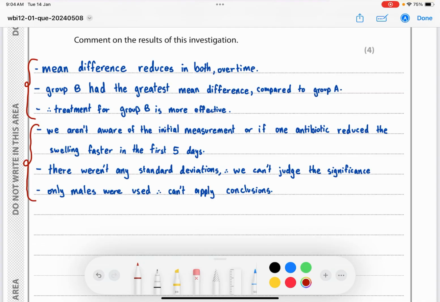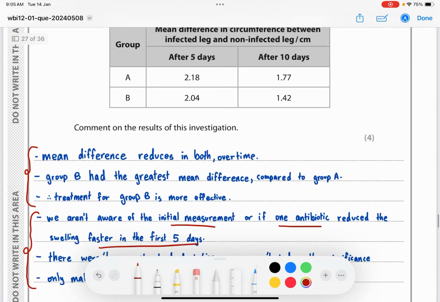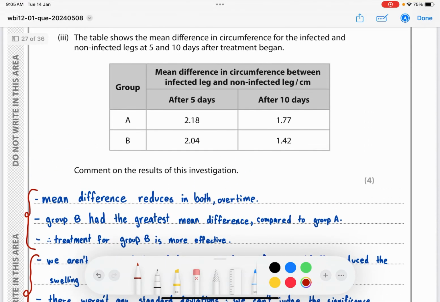So the first point I mentioned was that we aren't aware of the initial measurement or if one antibiotic reduced the swelling faster within the first 5 days. We weren't given much information about the antibiotics. If we had an initial measurement, that would have, of course, helped us out much more.